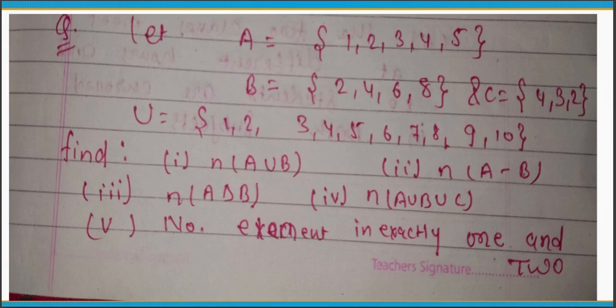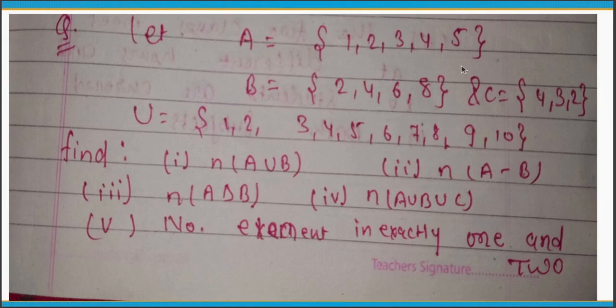Similarly for A union B union C, the number of elements is 5, 4, 3, which means 5 plus 4 is 9, 9 plus 3 equals 12. Now minus A intersection B, the number of elements in the intersection is 2, so 12 minus 2 equals 10.